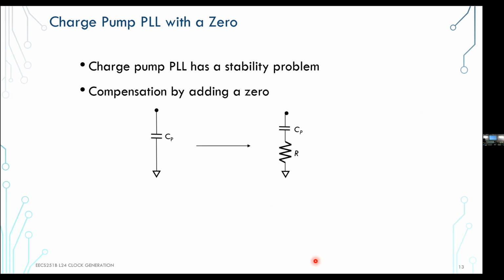And so the way we can compensate that is by changing this integration capacitor to add a 0. So we have now an RC.